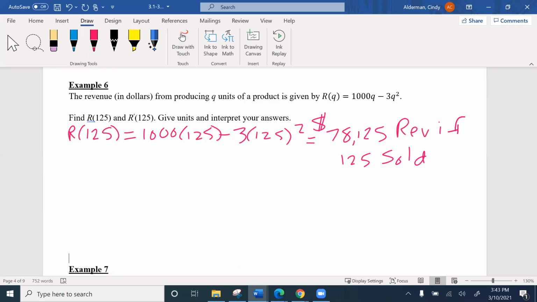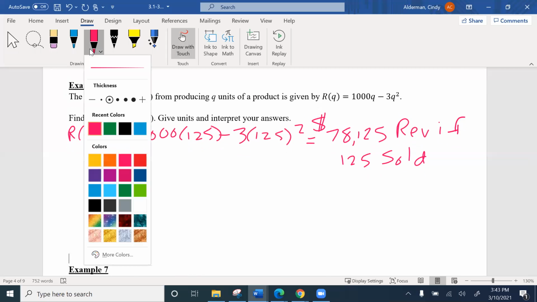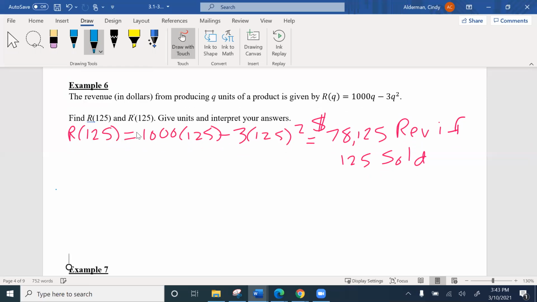All right, then it says find the derivative of R at 125. Well, before we can find it at 125, we need to find the derivative.